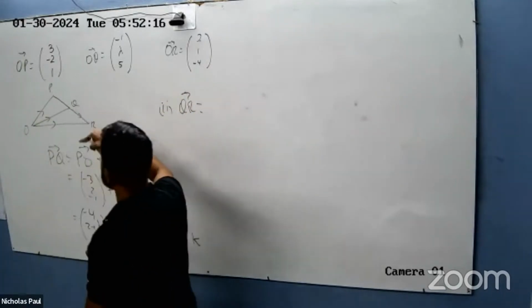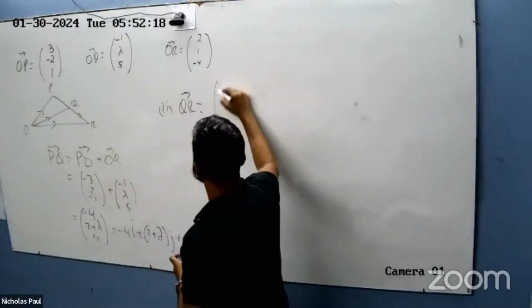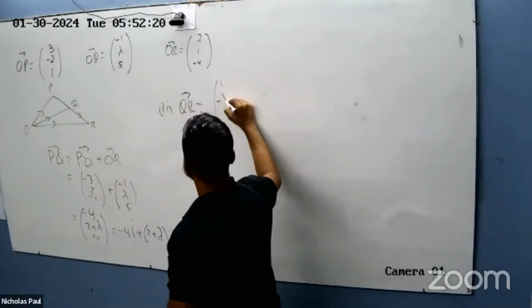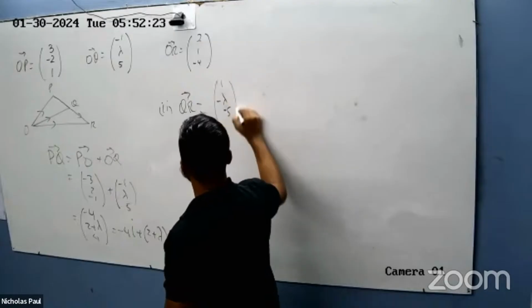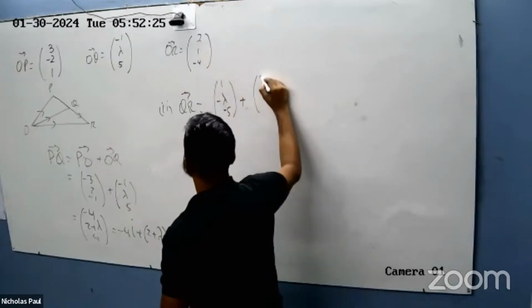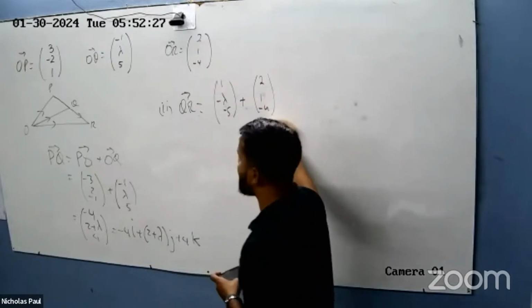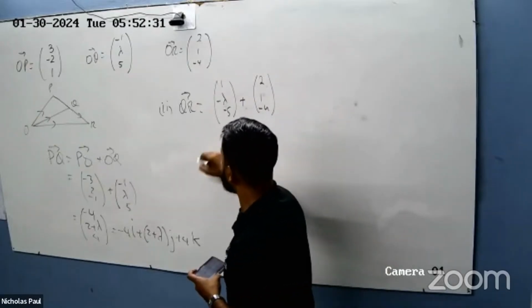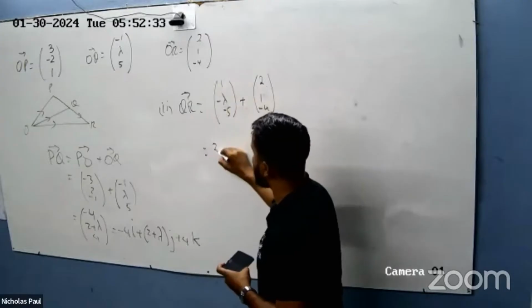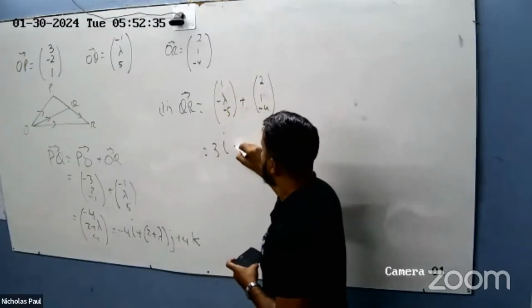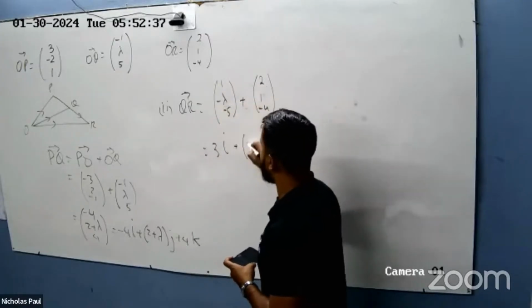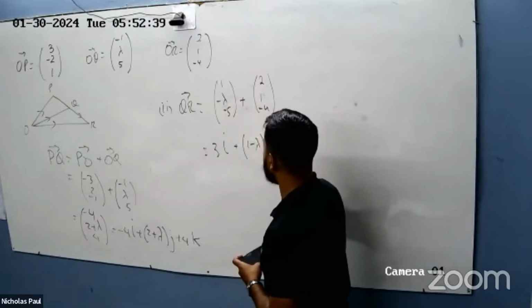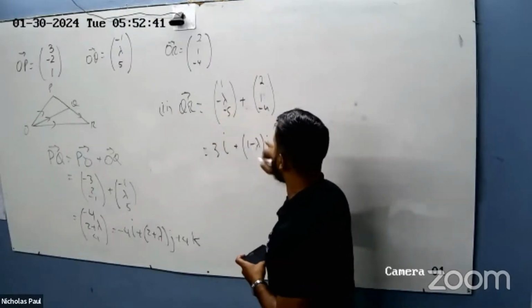Same principle, Q to O to R. So that'll be 1, minus lambda, minus 5, plus R. R is 2, 1, minus 4. Right? So we're going to get what? 1 plus 2 is 3i plus 1 minus lambda j minus 9k.